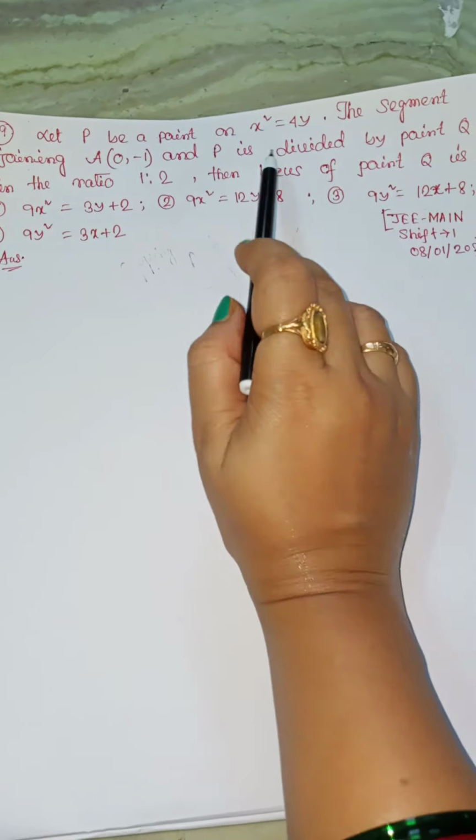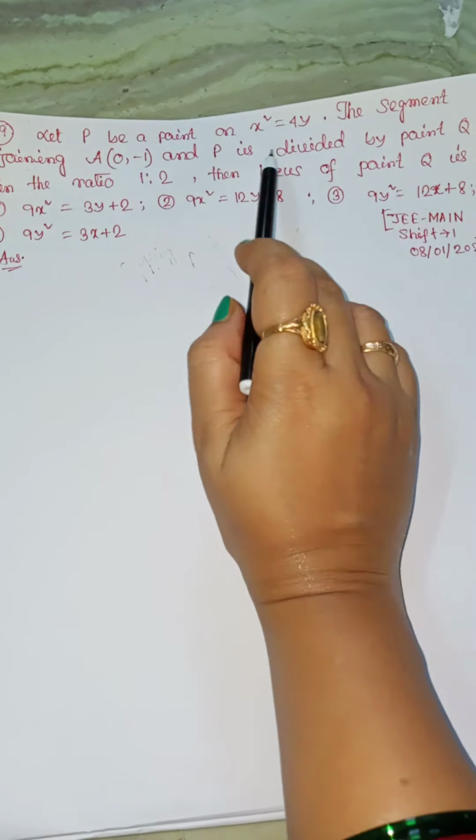Now equating the xy coordinates, we say H is equal to 2t by 3.